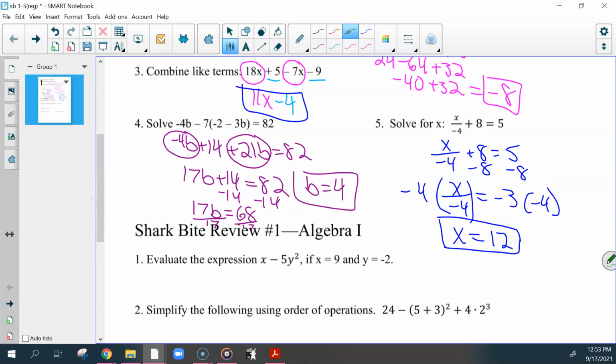When I brought this down, I had this equals -3. Just that part. To get rid of this -4, we would need to multiply. So when I multiply this, I get -4x over -4. And those become just 1x. But what I do to one side, I have to do to the other. This is how I got -4.